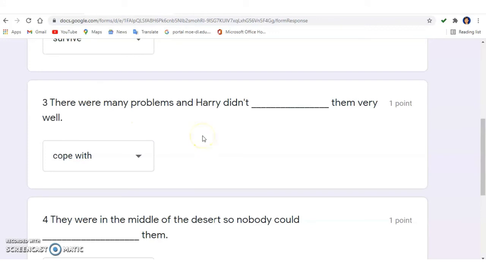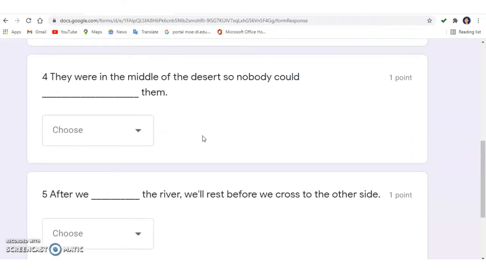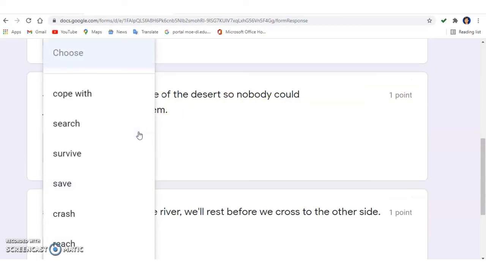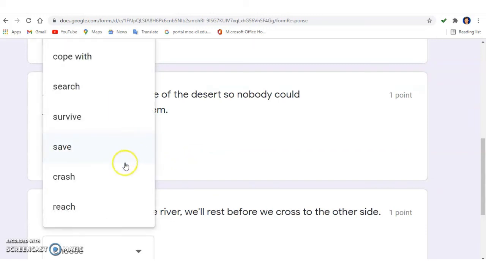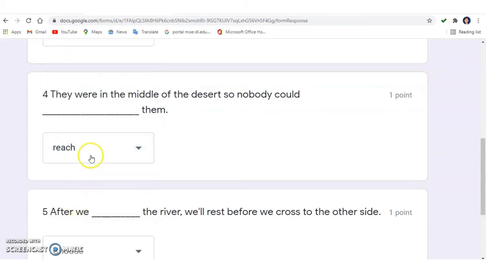Cope with problems means you have to solve the problems or deal with them. Number 4. They were in the middle of the desert, so nobody could blank them. Nobody could save them. Correct? In fact, there are 2 answers here. You can also choose reach.